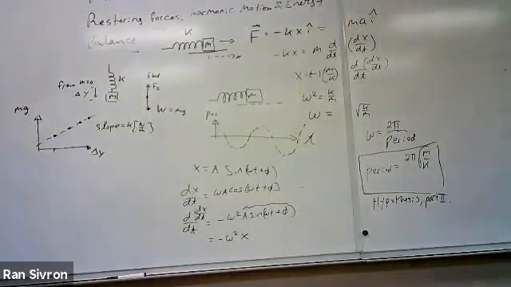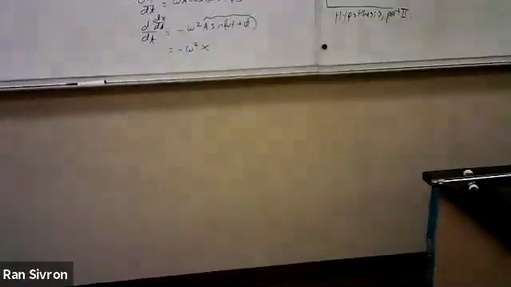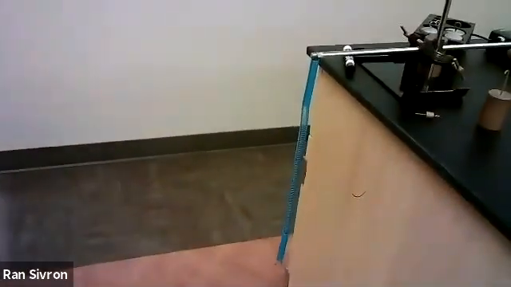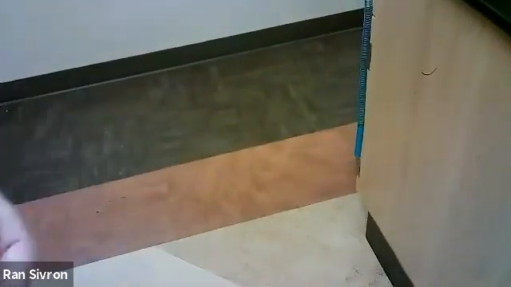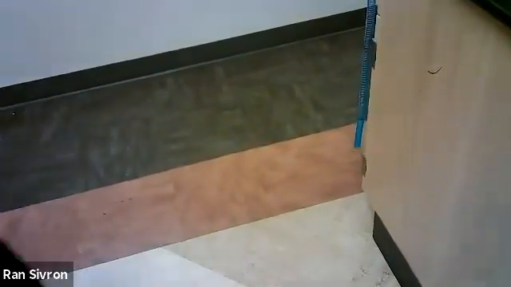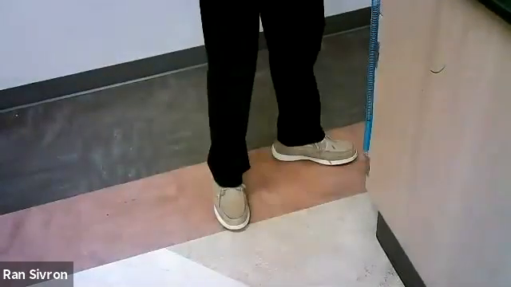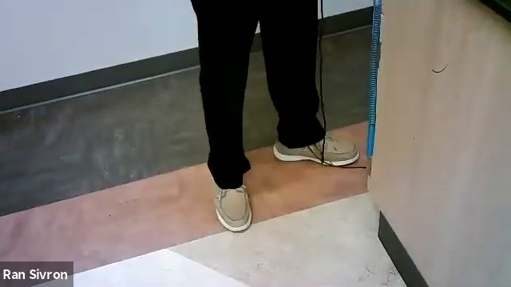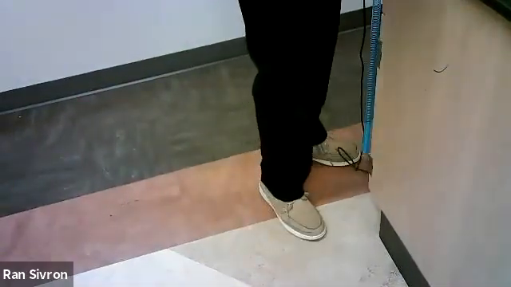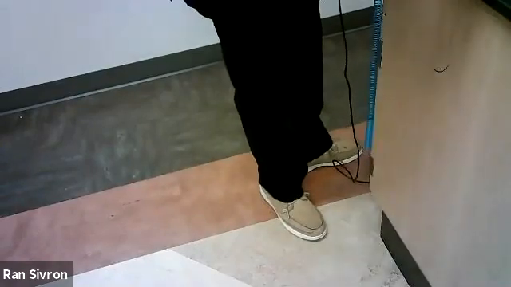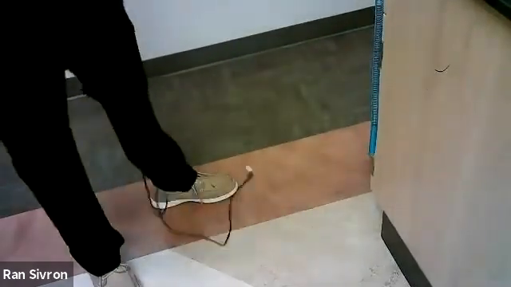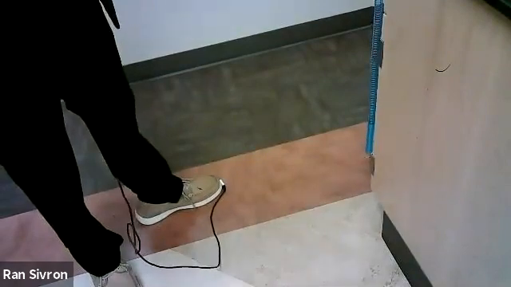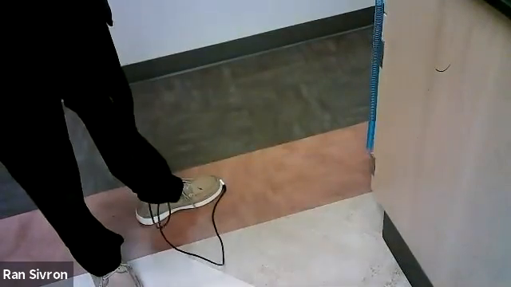So now, as you can see, I'm going to aim this at spring number 1. The spring number 1 will now have the motion detector directly underneath it, and a mass that will be hanging that will be somewhat similar to the masses we used for finding the spring constant.